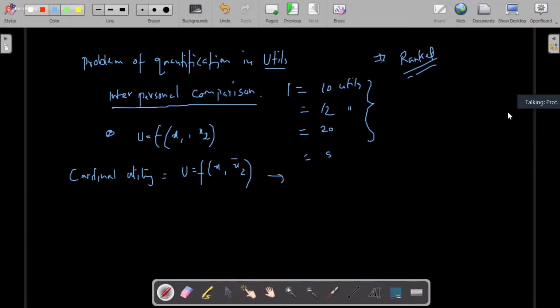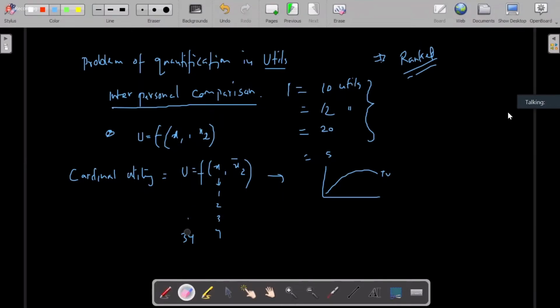Then we see the utility curve like this. Total utility is increasing: 1, 2, 3, 4, and utility goes 10, 19, 27, then 34.